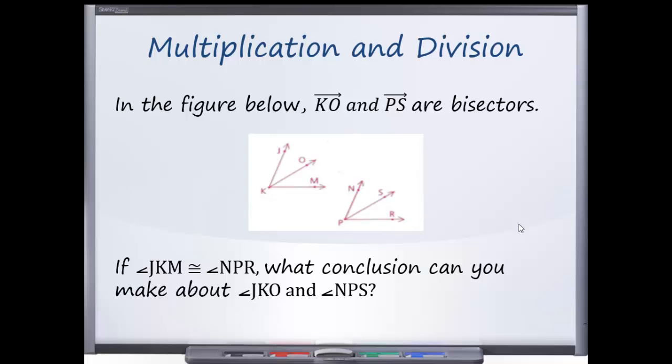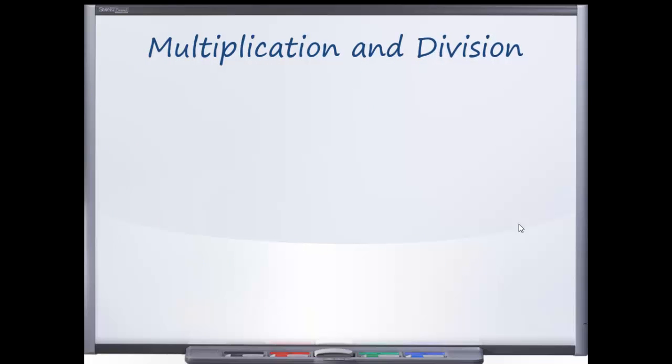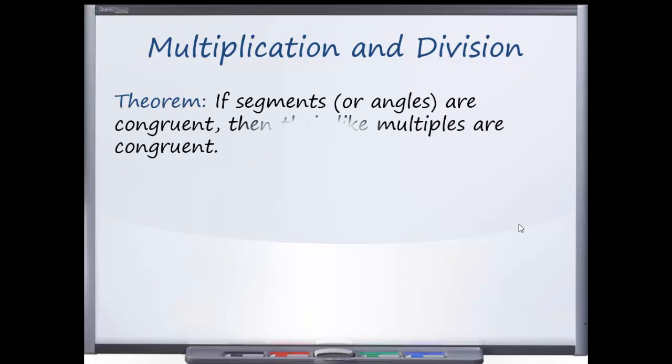So let's see how we formally state this in a theorem. For multiplication, if segments or angles are congruent, then their like multiples are congruent. Okay, so if you know that a piece of a bisected or a trisected segment or angle is congruent to another piece of a bisected or trisected segment or angle, then all of the overall pieces together must also be congruent by multiplication.